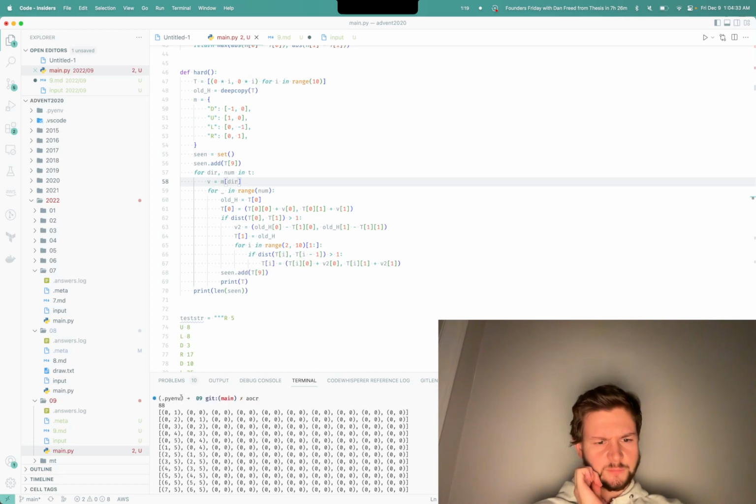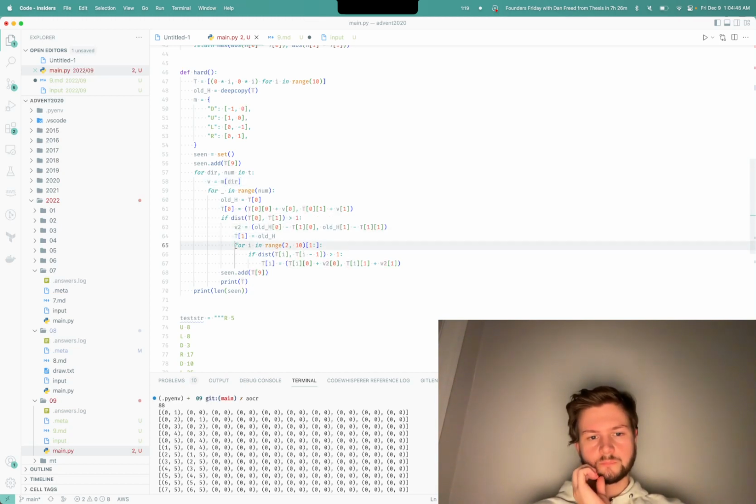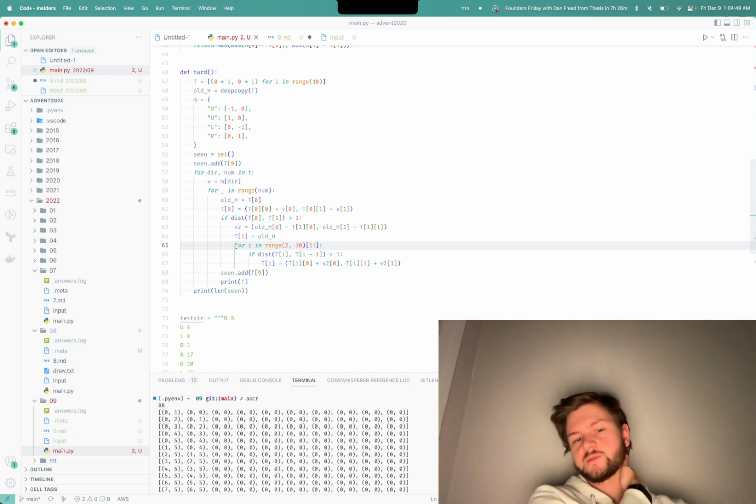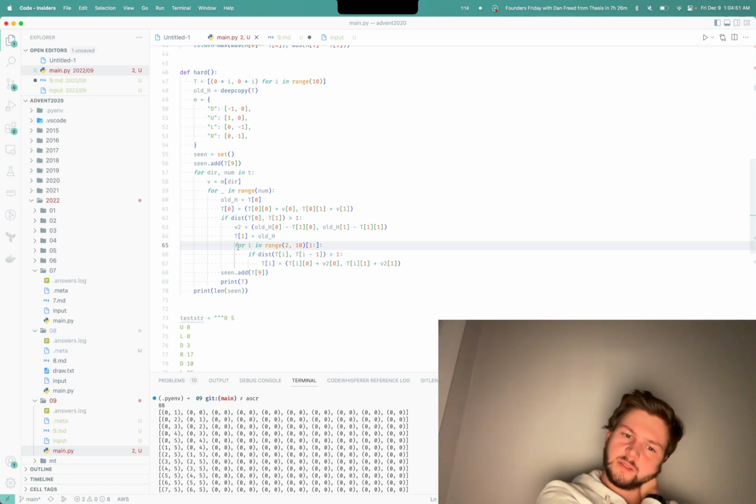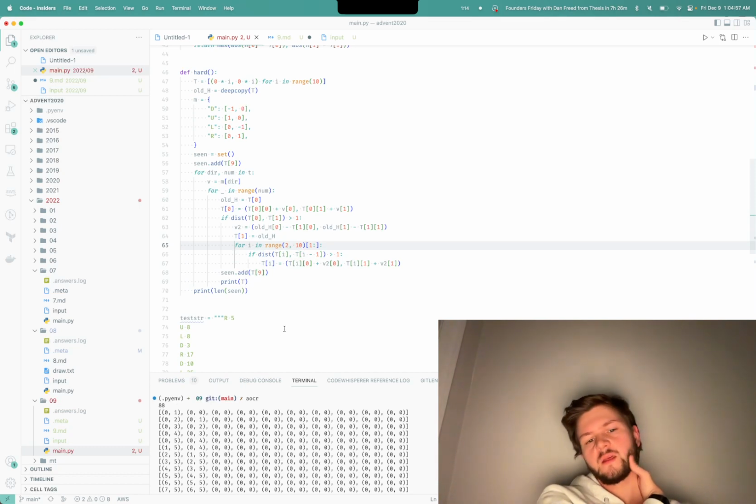Wait, so this movement is happening. And for i in range 2, if the distance p1 is greater than 1, p2 plus equals v.